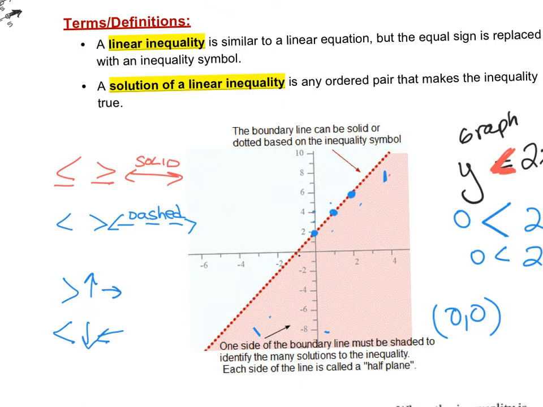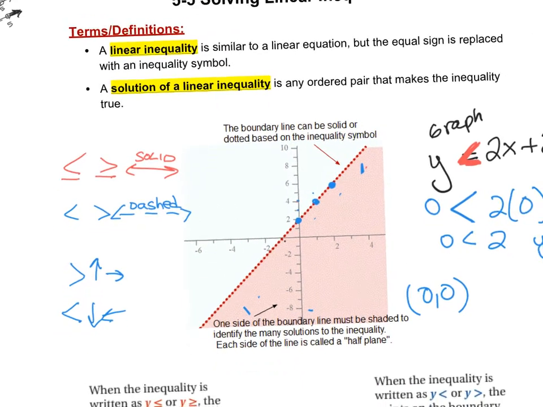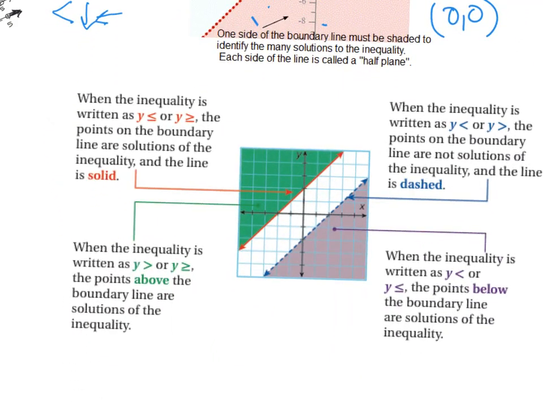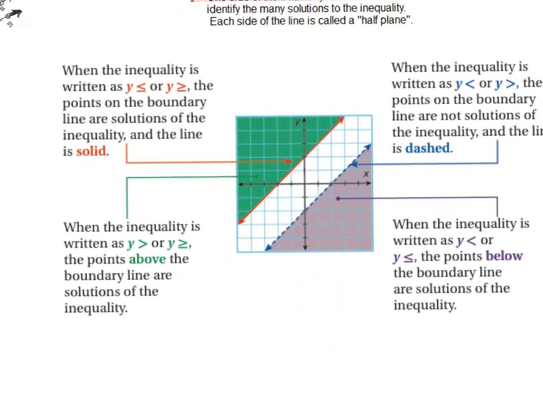A lot of this has to be trial and error because sometimes you're going to shade and then you're going to check your work and it doesn't work. So let me explain what I mean by that. Just as a quick refresher, when the inequality symbol is or equal to, the points that are on the actual line are part of the solutions, therefore the line must be solid.